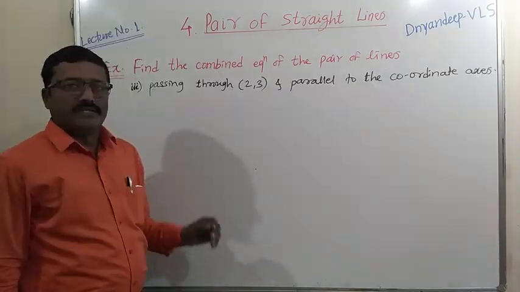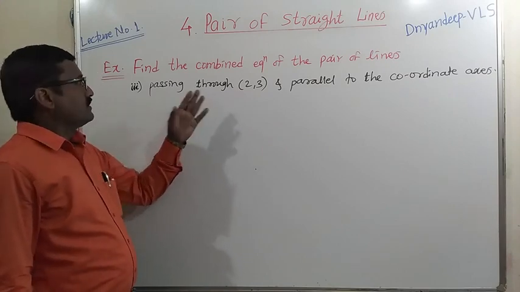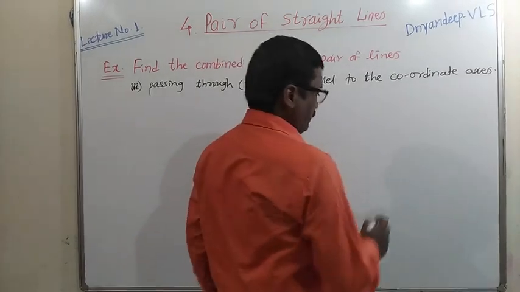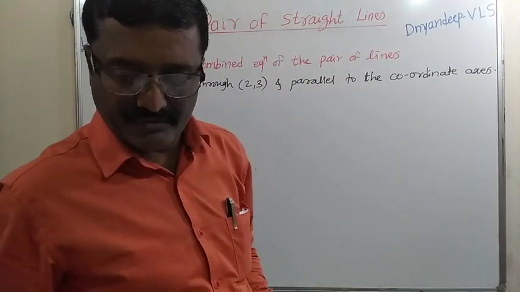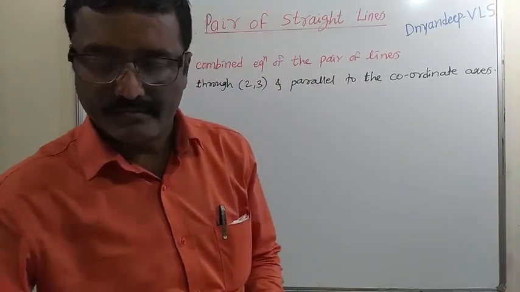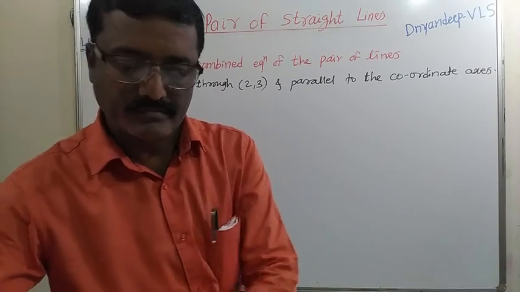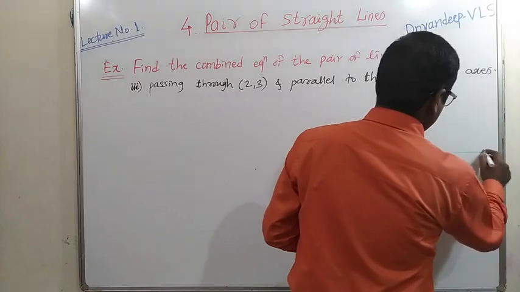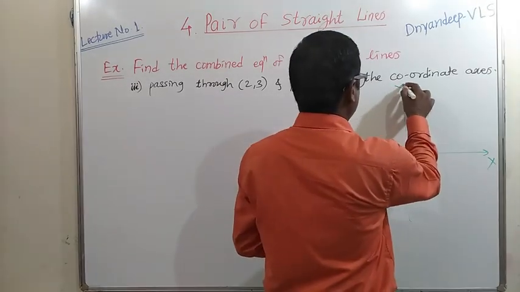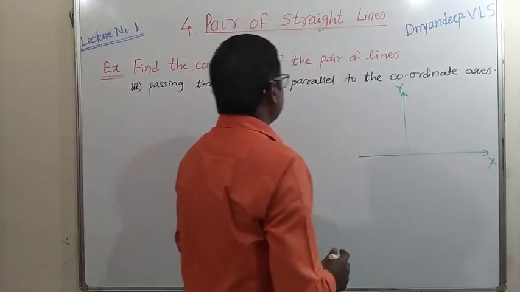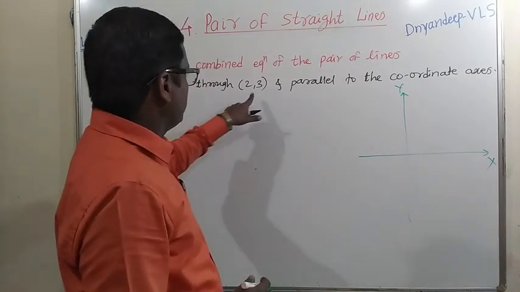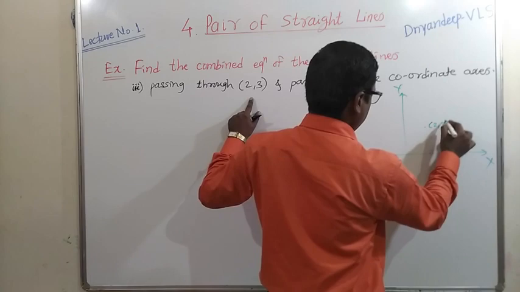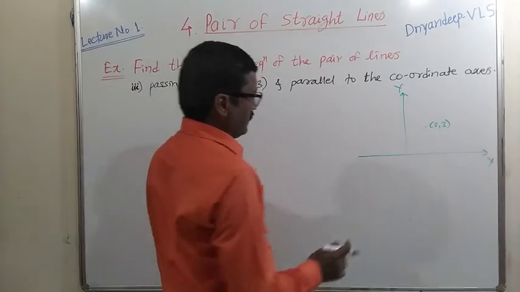These are two examples. In this third example, the lines are passing through 2, 3 and parallel to the coordinate axes. If you draw a simple diagram for understanding, suppose the point 2, 3 is here and the lines are parallel to the coordinate axes.